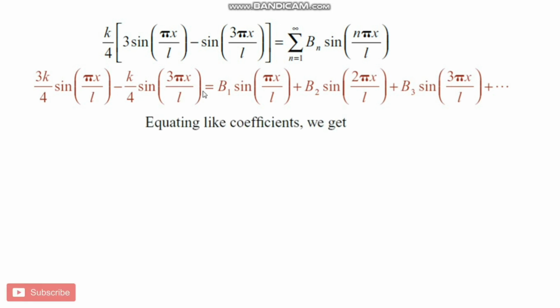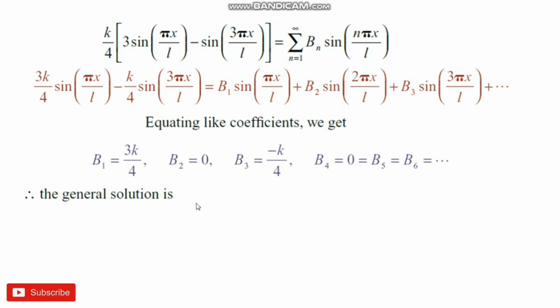Equating like coefficients, one can get B1 equals 3k by 4. We have compared the sin(πx/L) coefficients. B2 is equal to 0. Why? Because there is no coefficient of sin(2πx/L) on the left hand side equation. B3 coefficient is negative k by 4 and the rest of the coefficients have value 0 only.